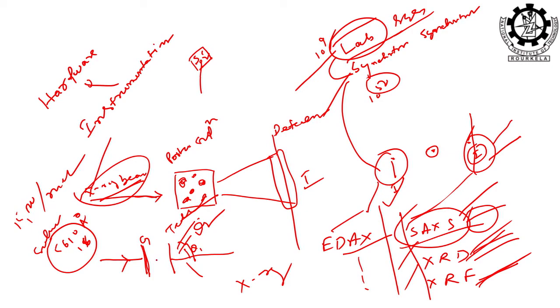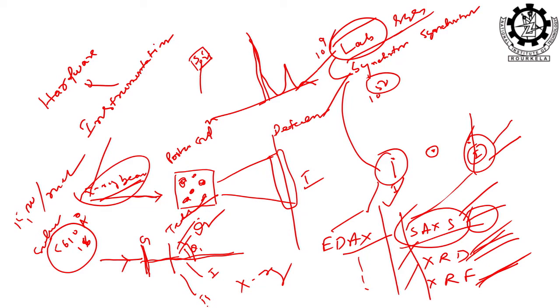This is the direct beam, the intensity is obviously very high, but when you go to the first order and second order, you will see how the intensity drastically reduces. The diffraction pattern goes like this: direct, first order, second order.